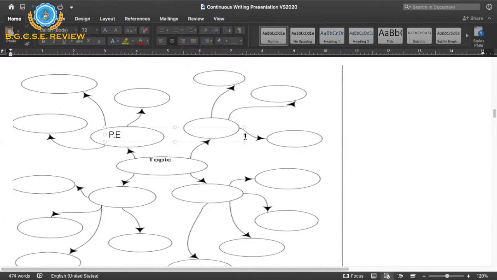You have PE as a core subject. What is a reason? What is the main reason why you chose PE? Okay. Remember, you're only jotting down ideas. What are some examples of why it's beneficial?